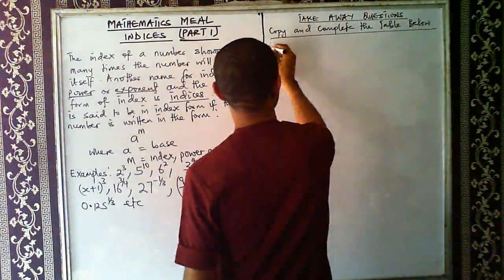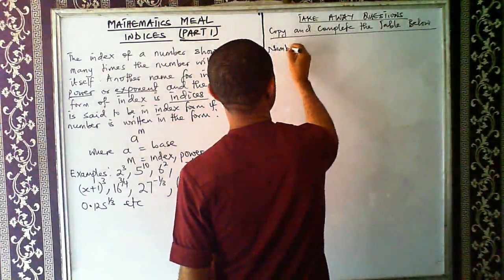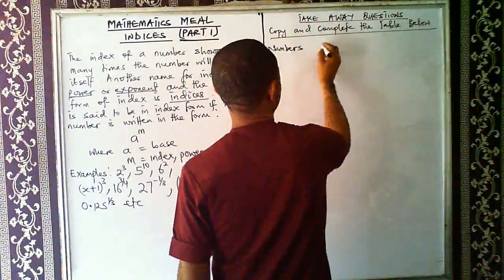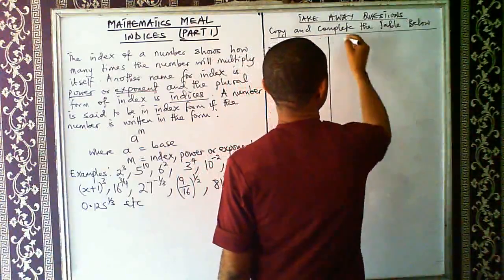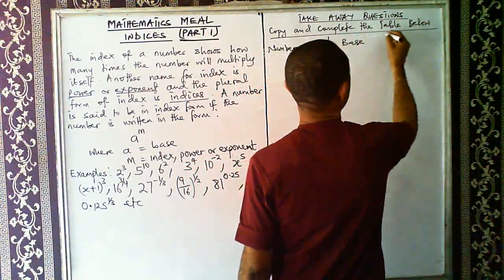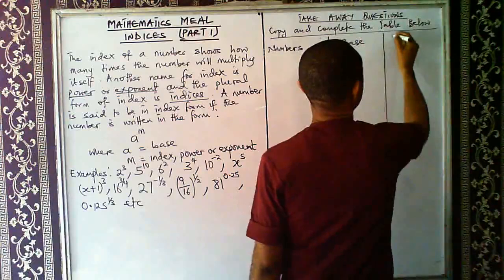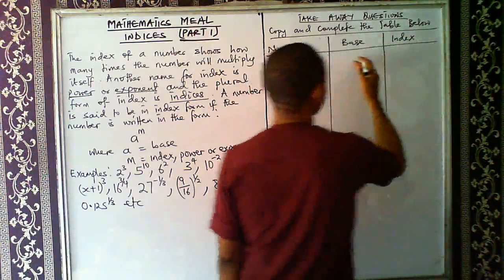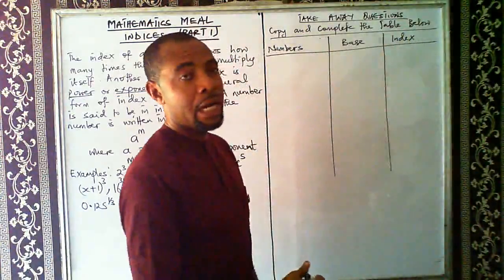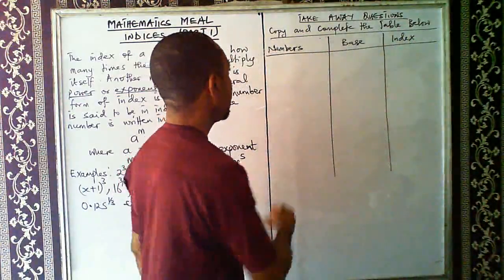So, numbers. I'm going to have the numbers, the base, and the index. So we are going to give you the numbers. All you need to do is to indicate the base and indicate the word, the index.